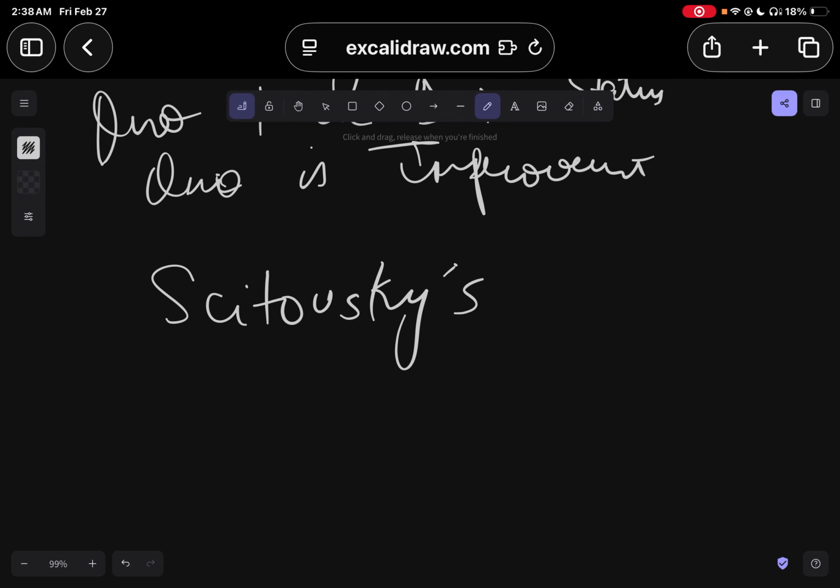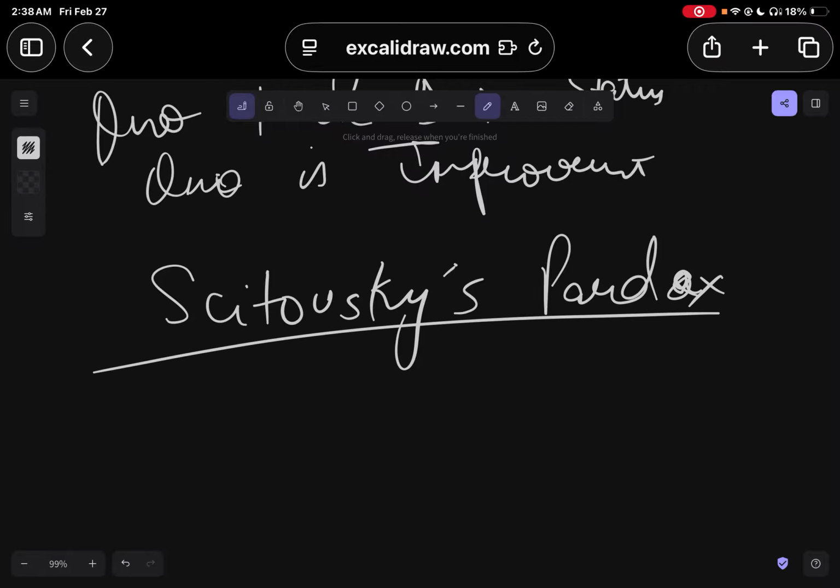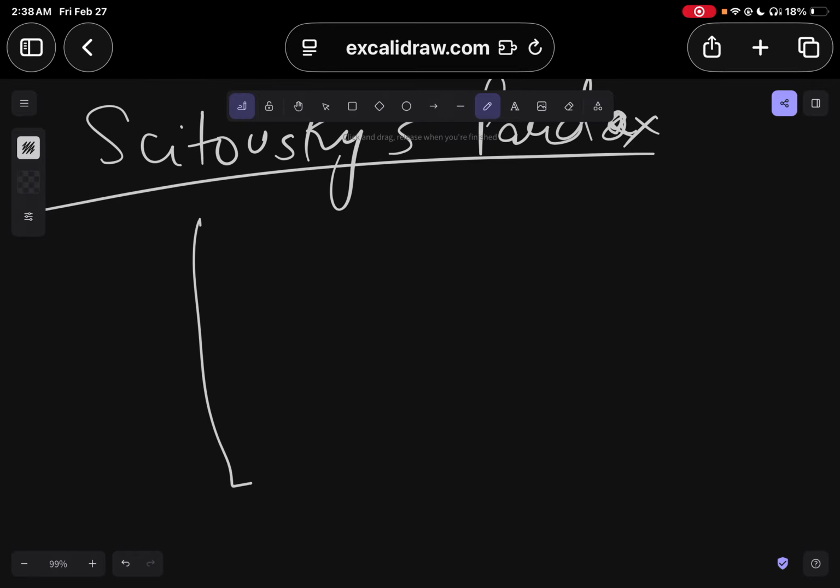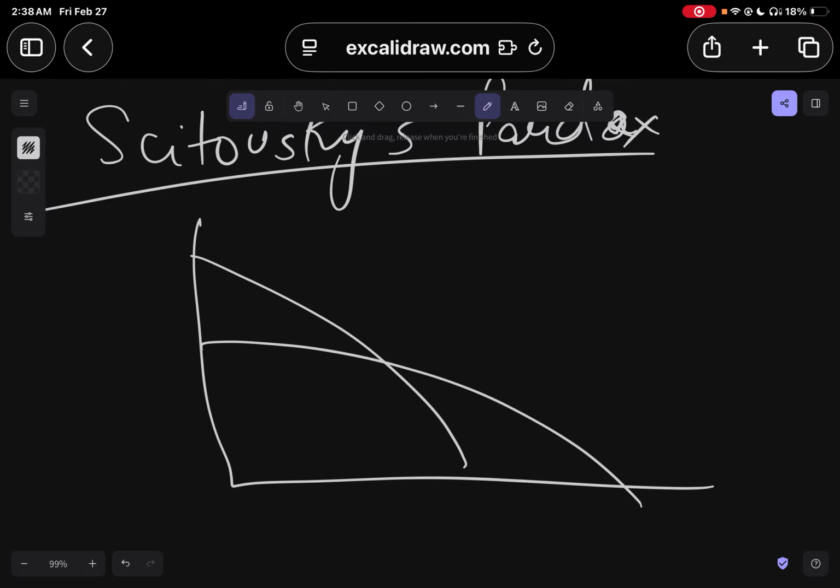I don't know the exact pronunciation of this paradox, but it says that if these are intersecting, so points G, H, E, F, UA, UB.